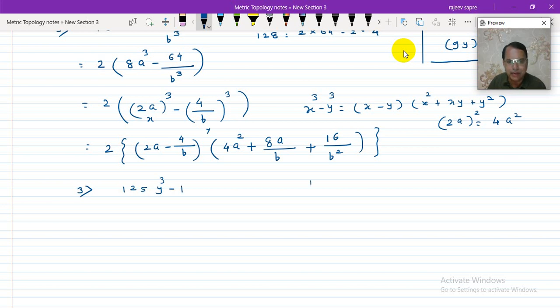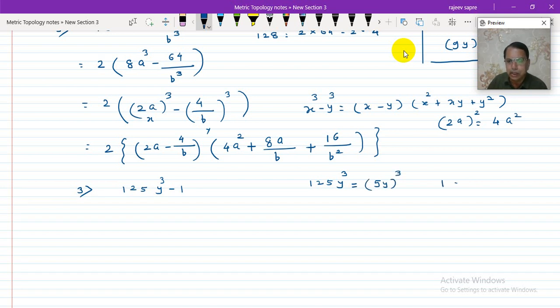See, this quantity 125 y cube, you know that 125 is 5 cube. 5 cube means 5 into 5 into 5. Out of that 5 into 5 is 25, and when you multiply by 5, you get 125. So this 125 y cube is nothing but 5y bracket raised to 3.